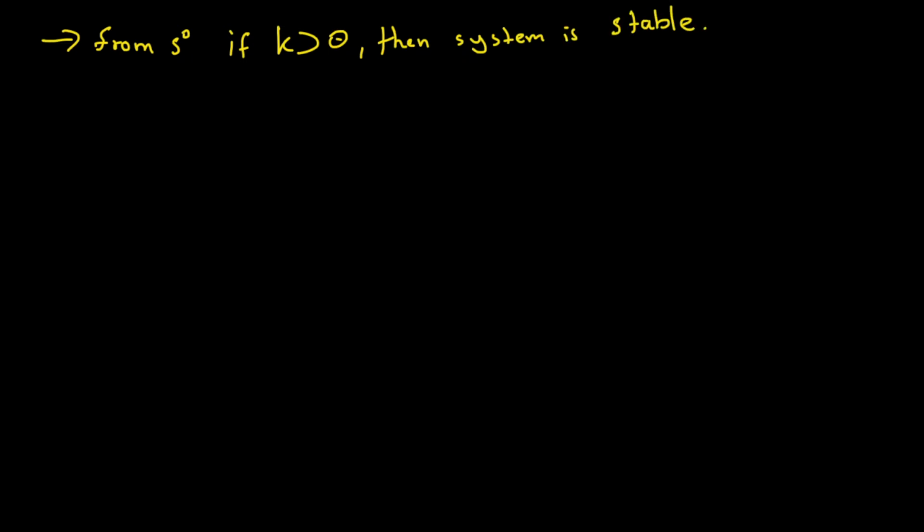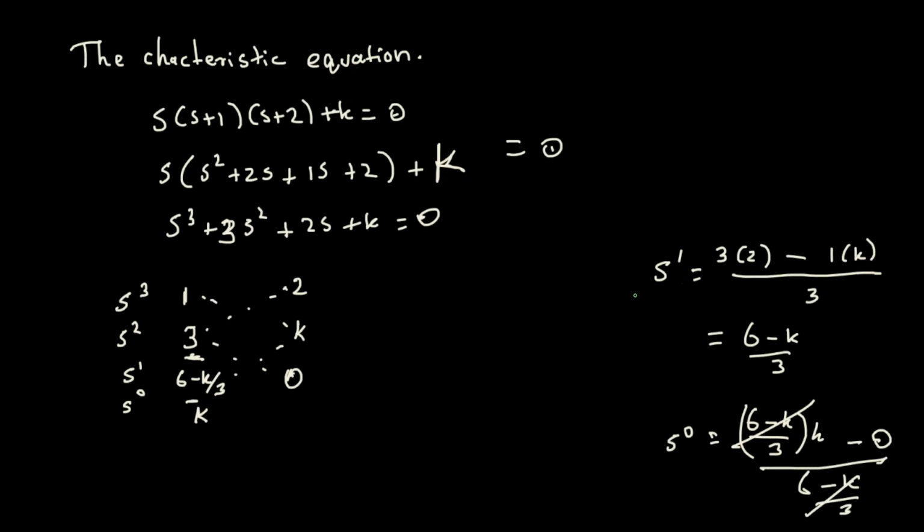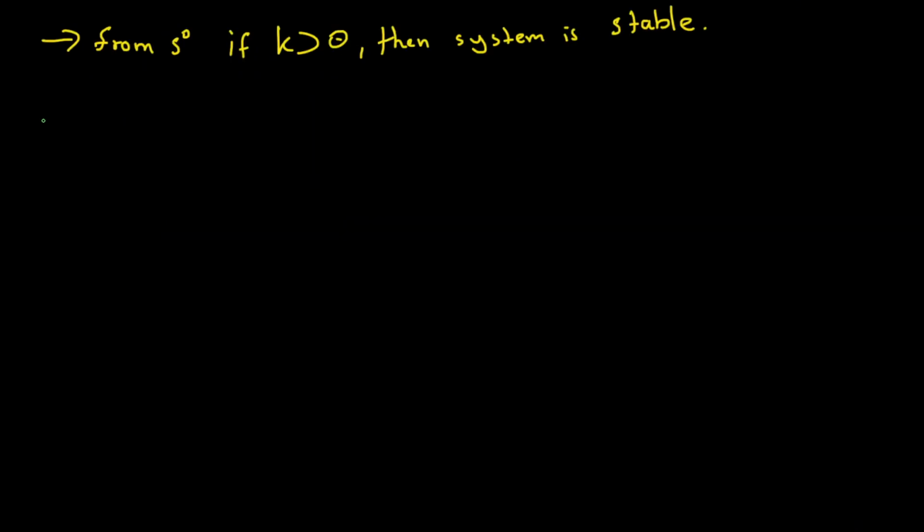And for the next one, we have to see this s power 1. For this one, 6 minus k divided by 3 should be a positive number. So from s power 1, if 6 minus k divided by 3 is a positive number, then the system is stable.